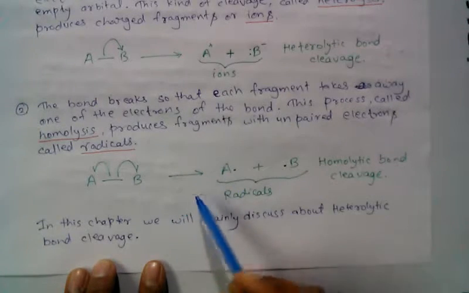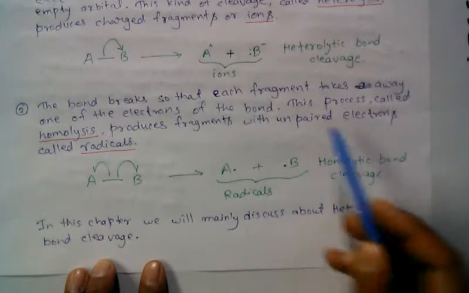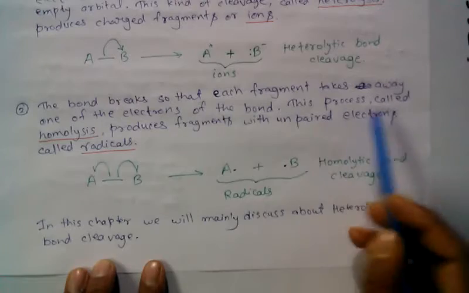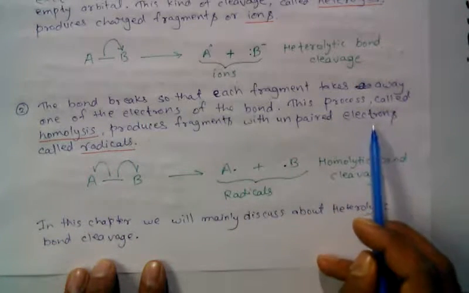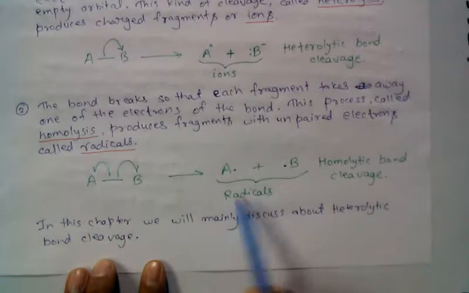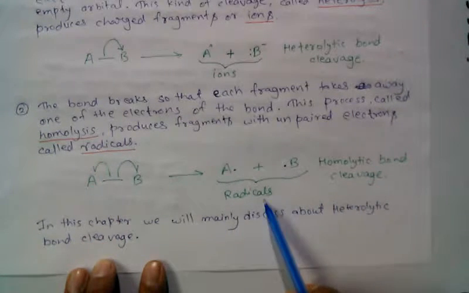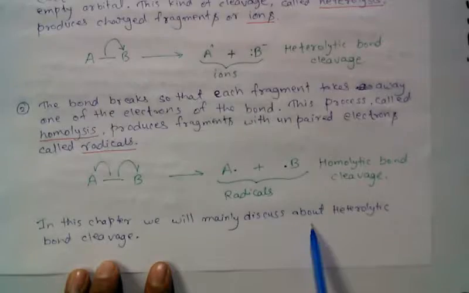So what we get here is called radicals. This process, called homolysis, produces fragments with unpaired electrons. These unpaired electrons are called radicals. So this is homolytic bond cleavage. In this chapter we will mainly discuss heterolytic bond cleavage.